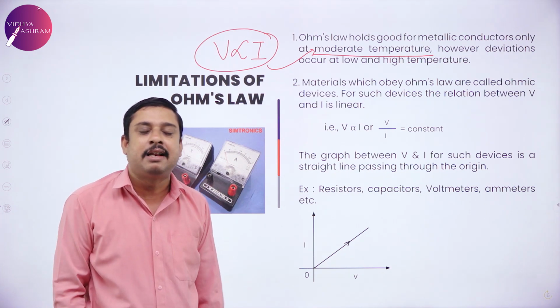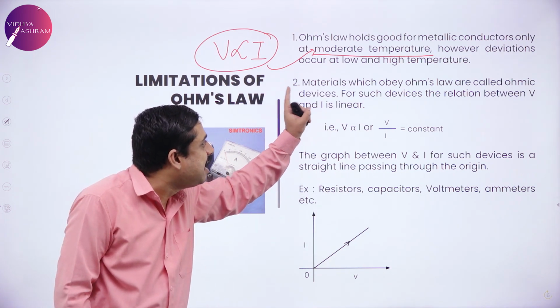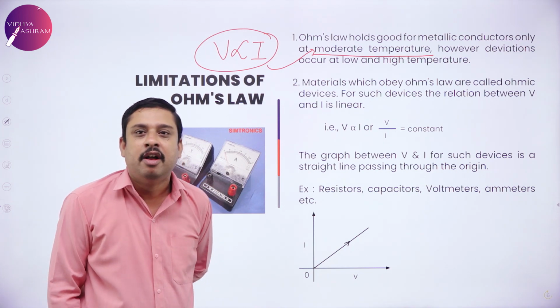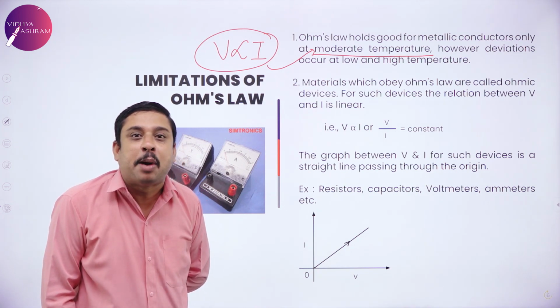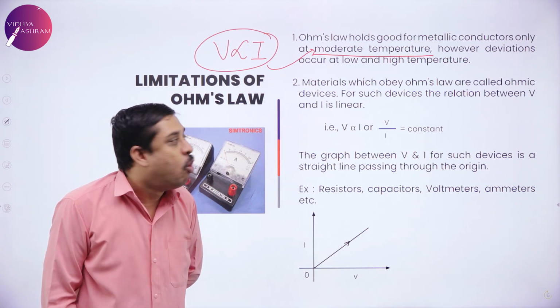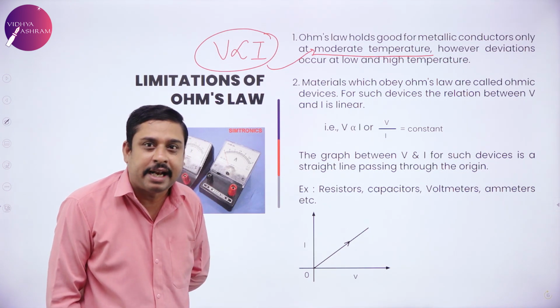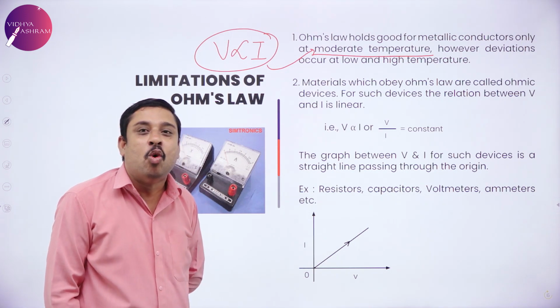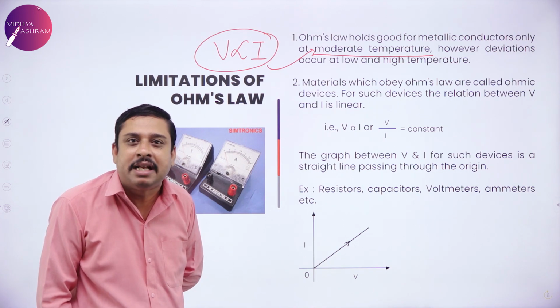So very clearly, my first limitation says that Ohm's law, V being proportional to I, holds good only at moderate temperature. However, it breaks down at low and high temperatures.